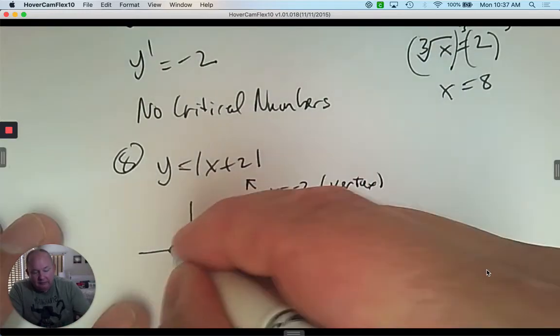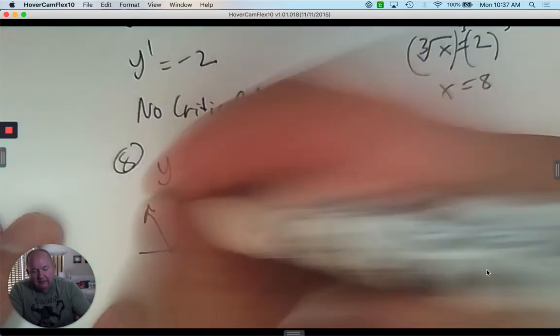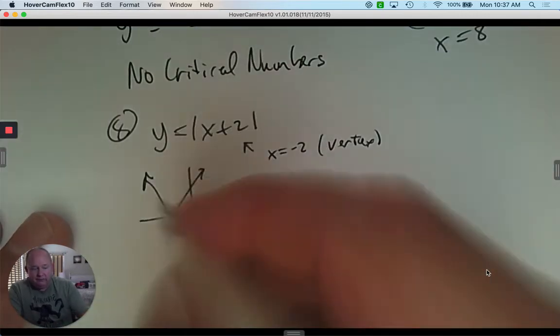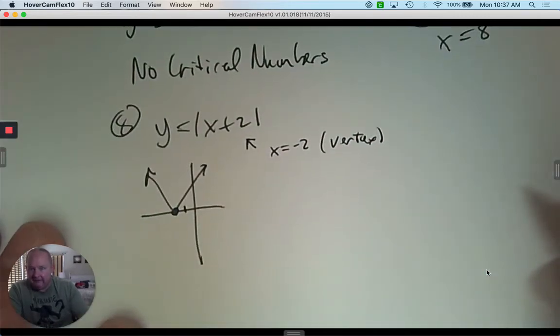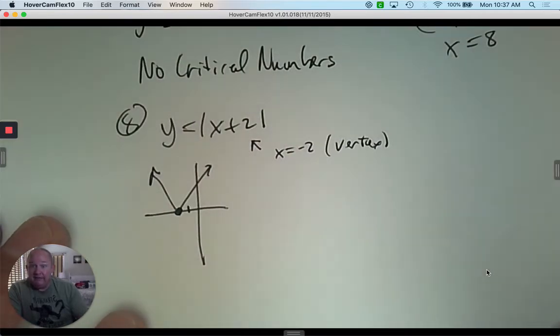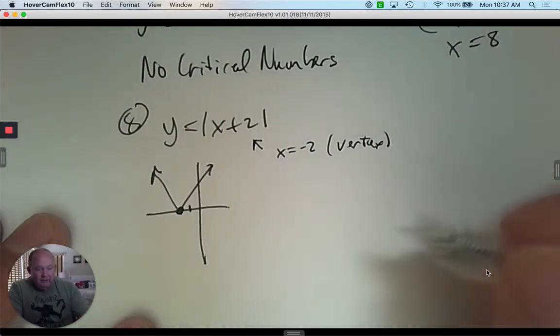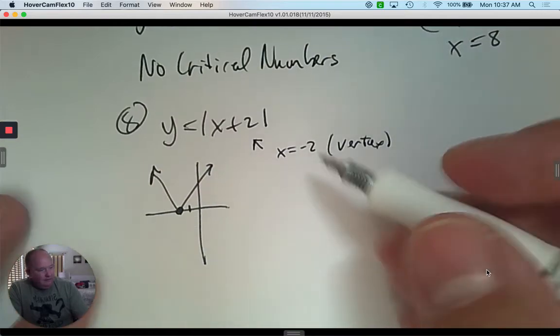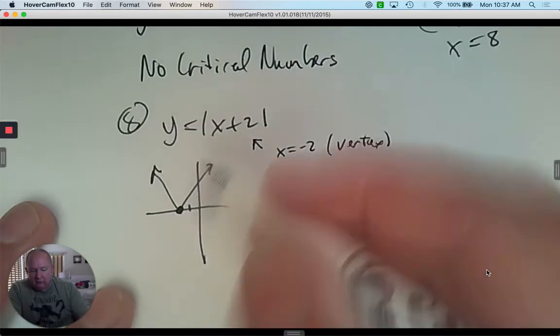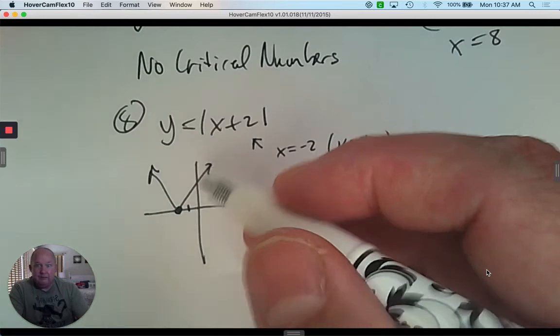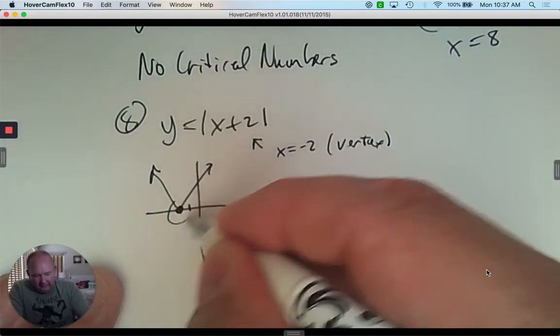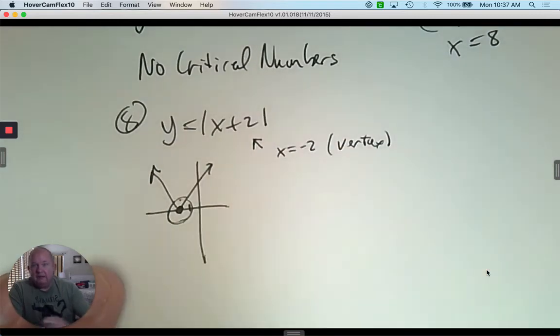Now we know what the picture looks like. I don't even care how narrow or how wide you draw this. I'm just going to draw a sketch of it and tell me where the critical values are. Well, the answer is where is the derivative equal to 0, or where is the first derivative undefined? Well, the only spot I could look at is right here.